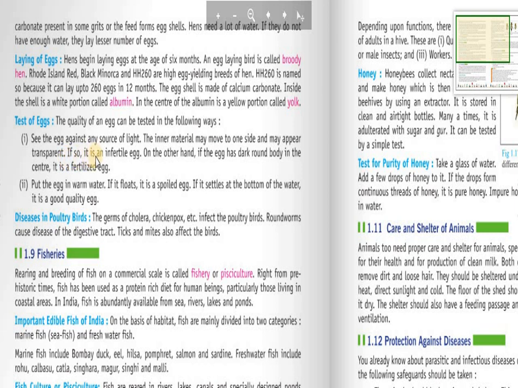If so, it is an infertile egg. On the other hand, if the egg has a dark round body in the center, it is a fertilized egg. Put the egg in warm water. If it floats, it is a spoiled egg. If it settles at the bottom of the water, it is a good quality egg.